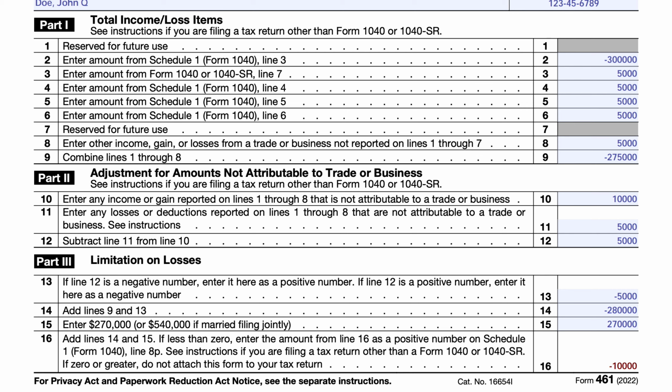So all of these are different limitations that prevent people from taking excess deductions in one tax year. You would be able to carry them forward generally. There may be situations where you can carry certain losses backwards. Those are outside the scope of this discussion. This simply helps you calculate that loss limitation and apply it to your tax return.